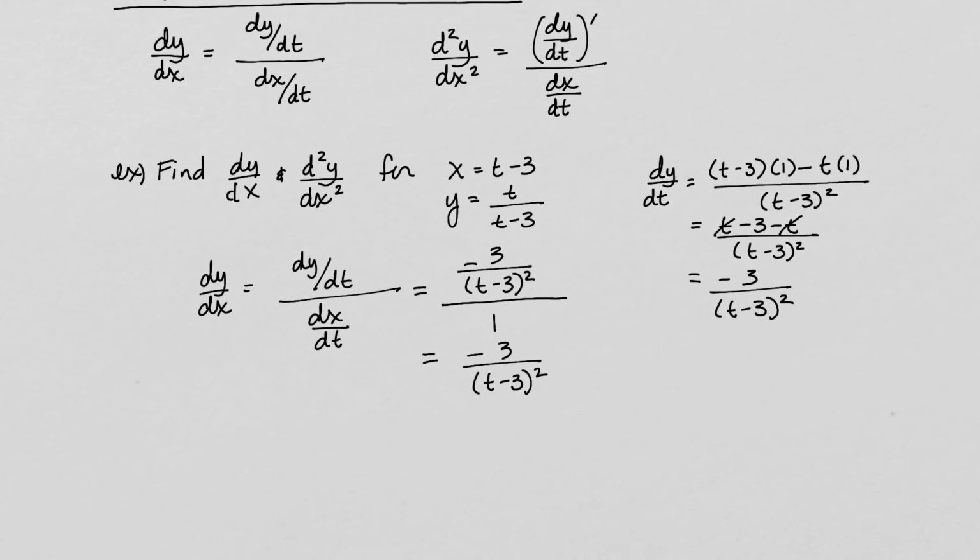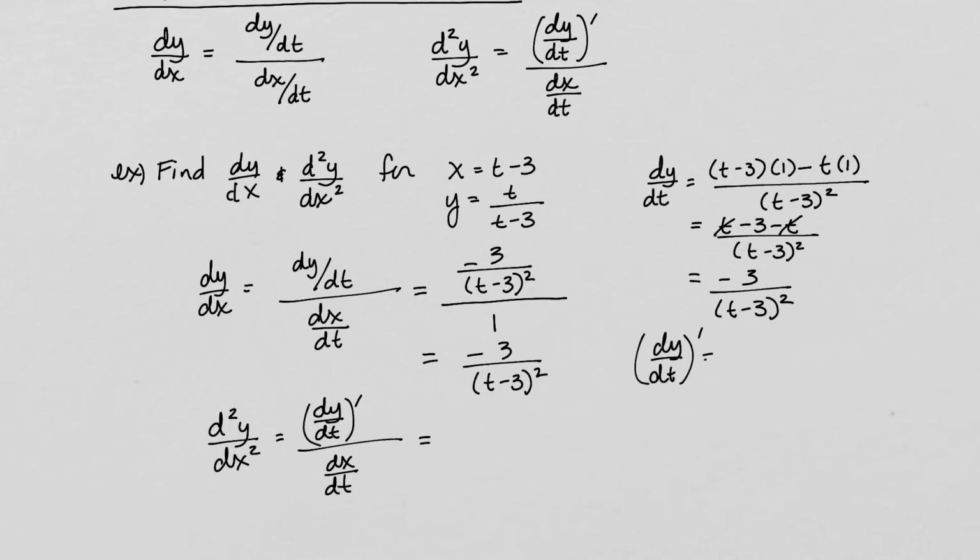If I want to find the second derivative, d squared y over dx squared, remember, that's going to be (dy/dt)' divided by dx/dt. So if I take the derivative of that, we could have thought of it as negative 3 times t minus 3 to the negative 2.